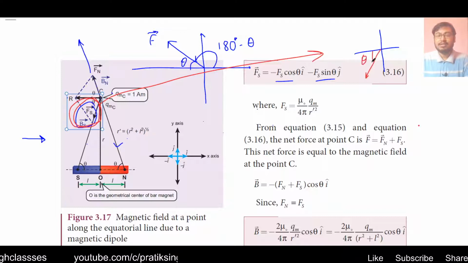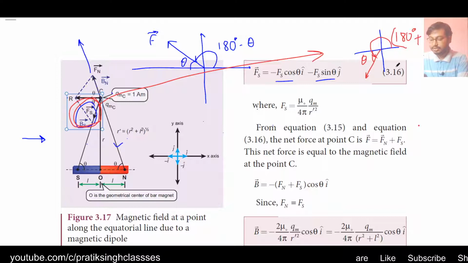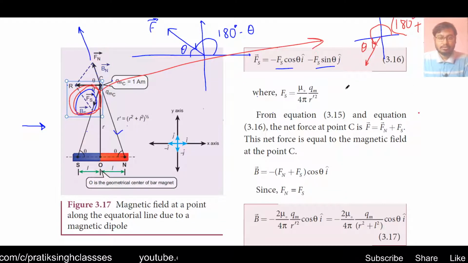In that situation, its angle with the positive x-axis in the anti-clockwise direction will become 180 degree plus theta. I am telling you once again, my handwriting is very bad, and also to write these things I use my mouse, which is also not clear. So you are clear here how to take the angles, and what quadrant Fn and Fs will lie in.